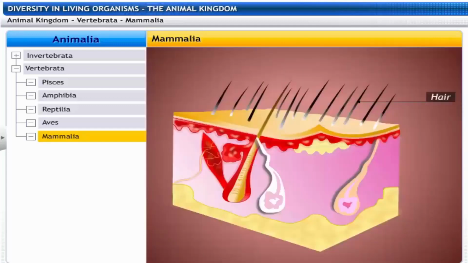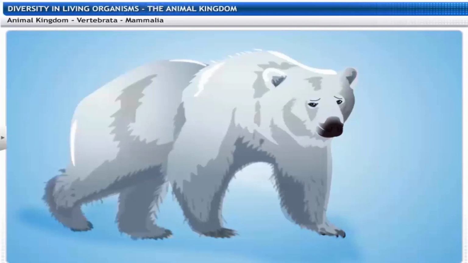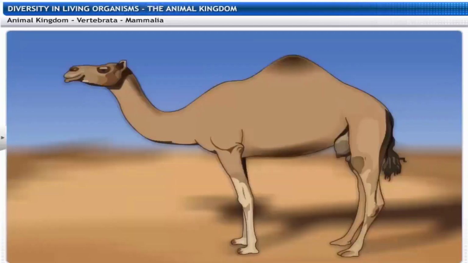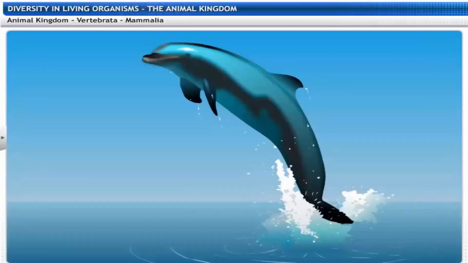Their skins are covered with hair, sweat glands, and oil glands that regulate body temperature, therefore allowing them to live in diverse habitats. For example, polar bears live in very cold areas, camels live in hot areas, and dolphins live in the ocean.